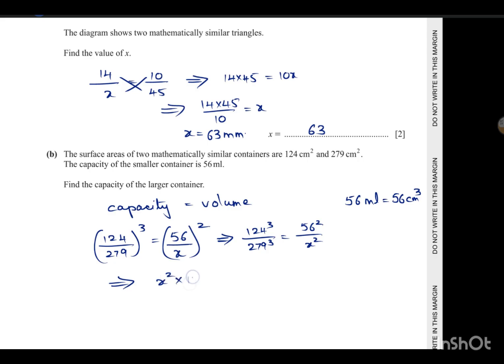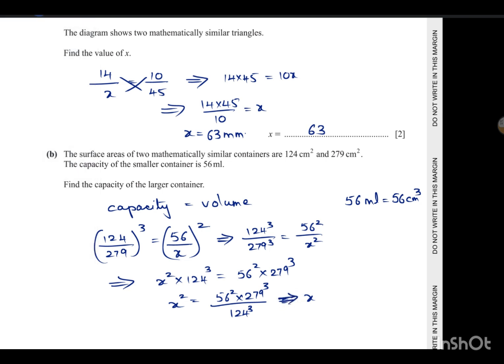X square into 124 cube is equal to 56 square into 279 cube. X square is equal to 56 square into 279 cube by 124 cube, and finding x will be the square root.